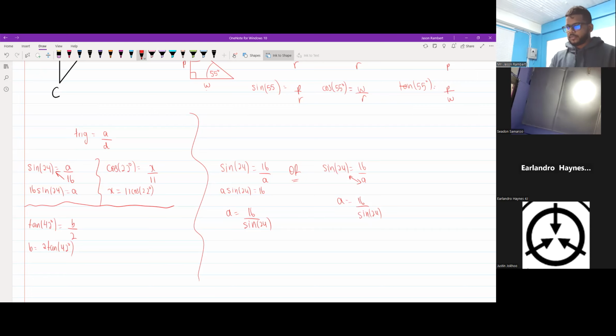Let me do a next example. Cosine of 22 is equal to 11 over x. Tell me what x will be equal to. 11 over cosine 22 degrees.